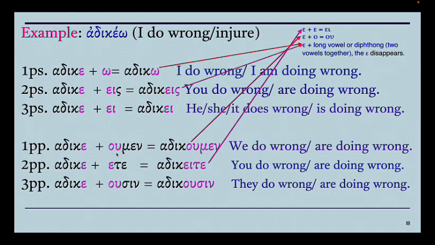This epsilon should never be here. It should be oumen. Oumen is the result of the epsilon plus the omicron. Then adike plus epsilon plus eta, the epsilon disappears, you will have adikei. So adikeite. And adike with epsilon plus ou diphthong, we said epsilon disappears, so we have adikousin.